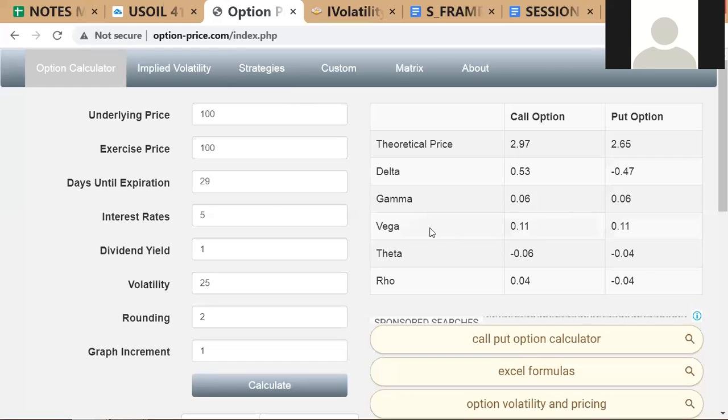And what does Vega measure? Vega measures the sensitivity of the option price to a unit change in the vol. As you know, if this vol input goes up, and in this case, if you're talking about market prices compared to the OBM, then if the implied vol goes up, the option price will go up.